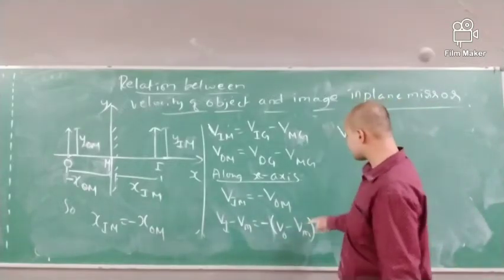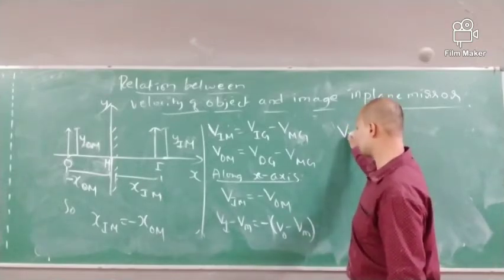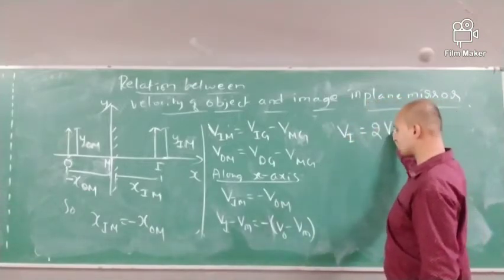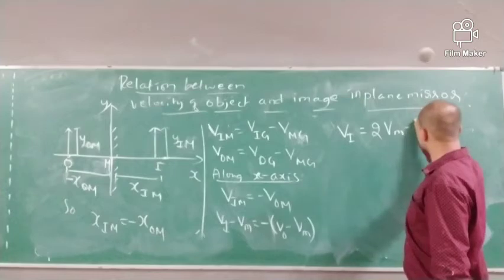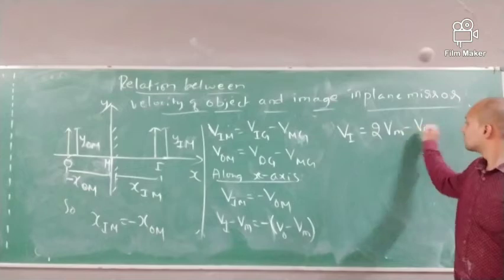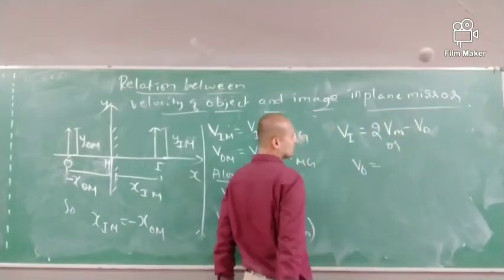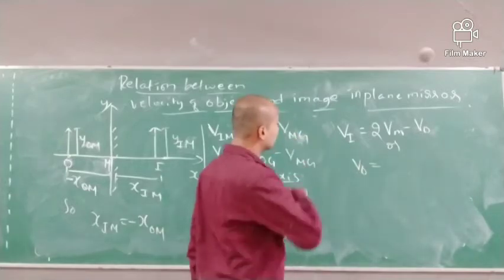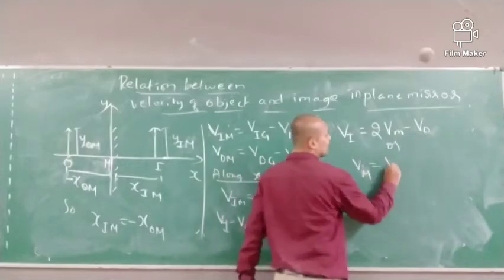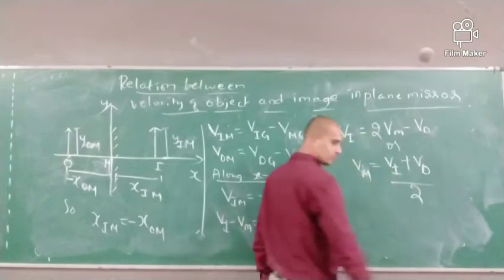Velocity of an image can be written as 2 times velocity of mirror minus velocity of object. This is one way of writing. Or you can write velocity of a mirror as velocity of image plus velocity of object, whole divided by 2.